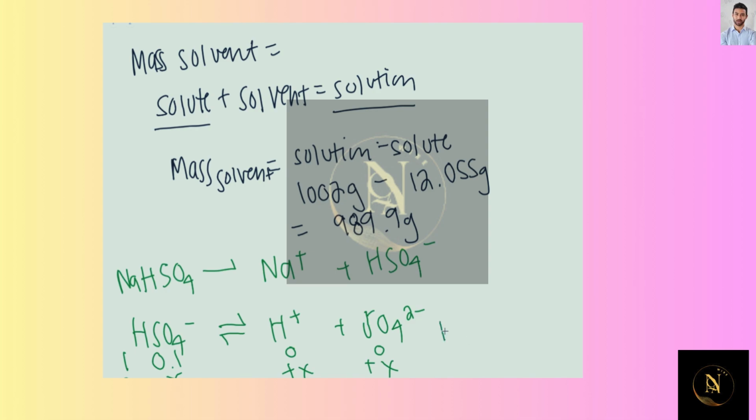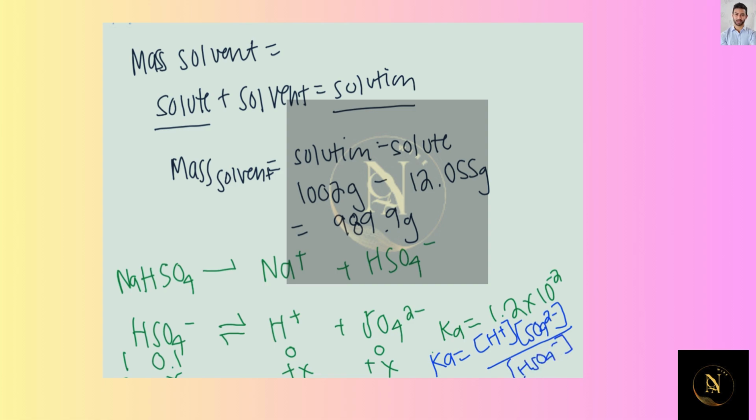We also know our Ka value is going to be 1.2 times 10 to the negative second for this solution, and I just found that in the back of our textbook. The equation for Ka is products over reactants, so we have our H plus concentration times our SO4 2 minus concentration, all over our HSO4 minus concentration.